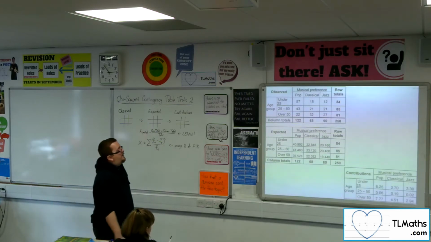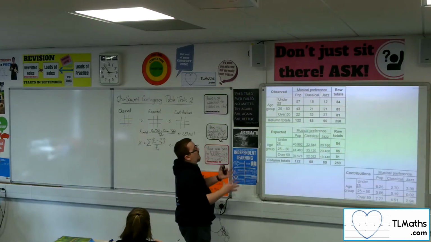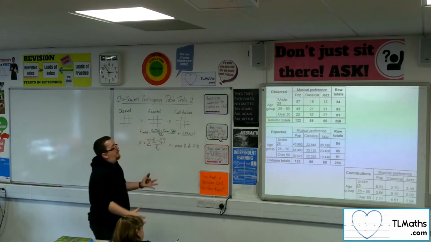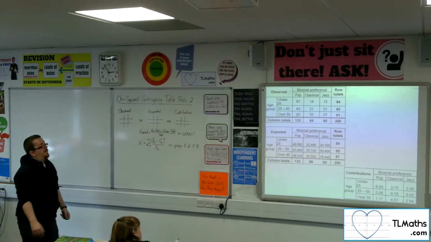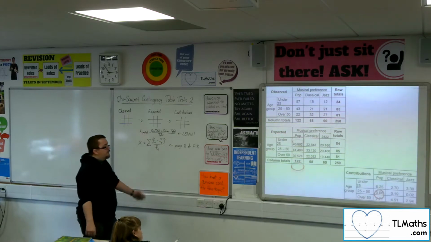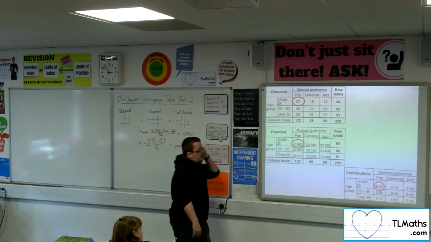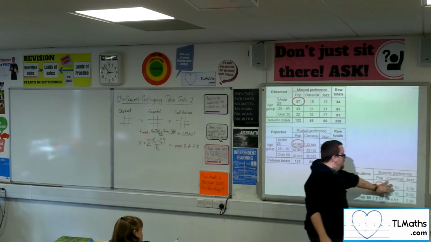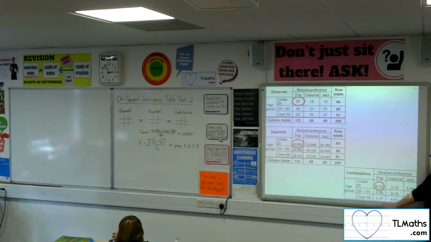The easiest way to do this is if I put everything onto one page so you can see where everything's at. The first one that you might look at, because you should look first at the contributions table: the larger the value in the contributions, the more important it is, the more it is contributing, and the bigger the difference between the observed and expected values.